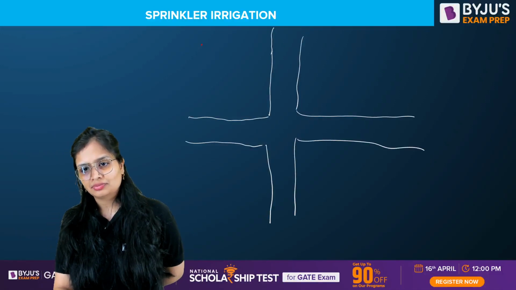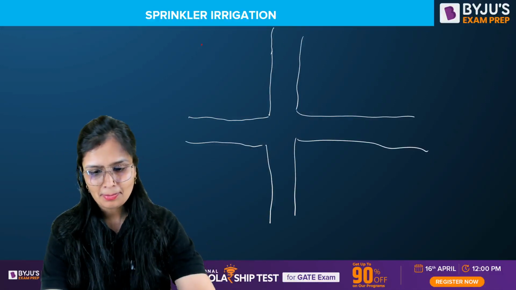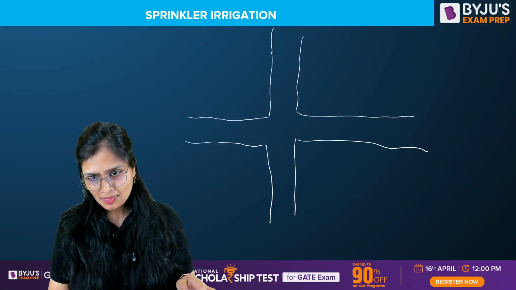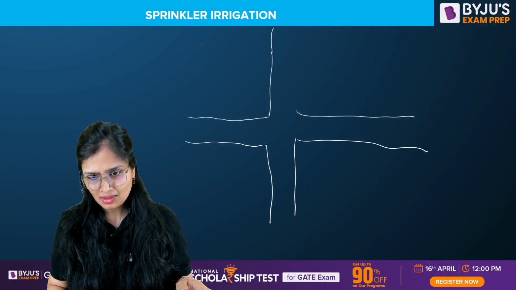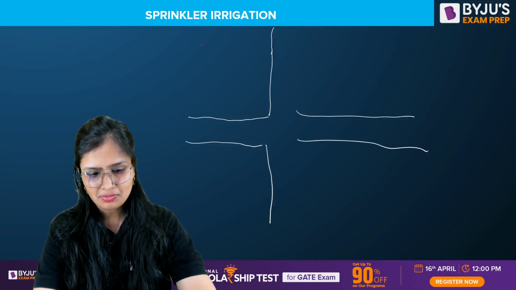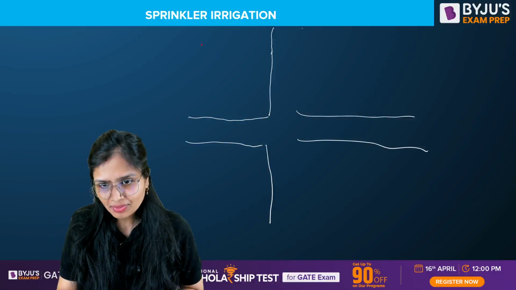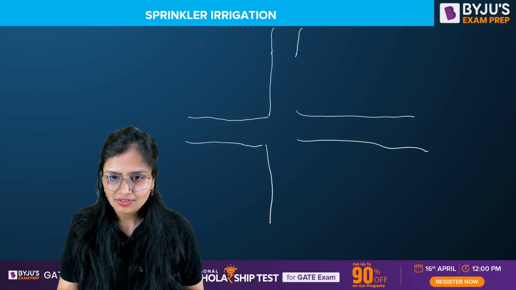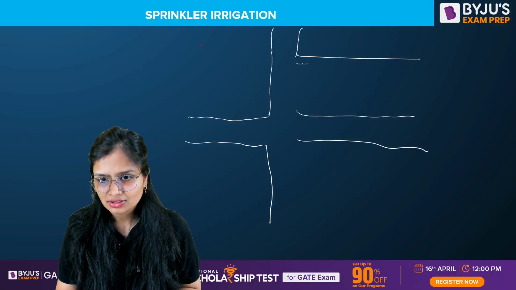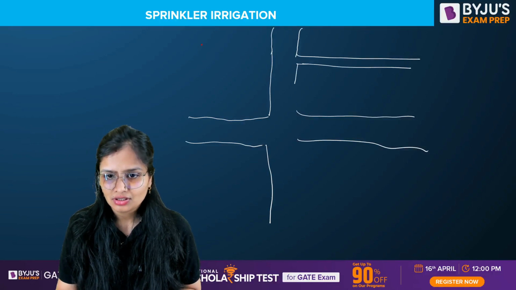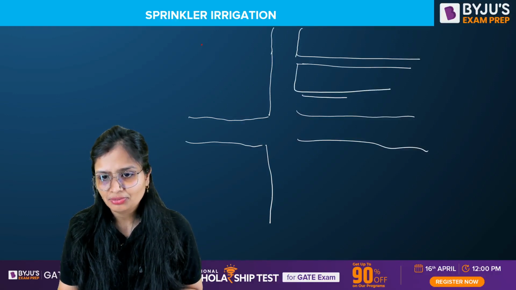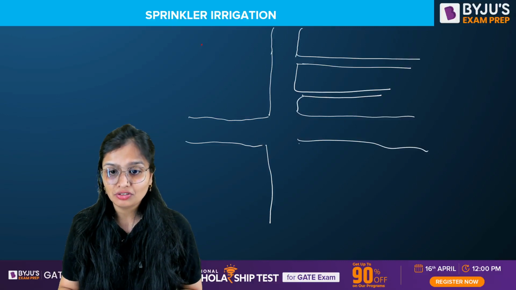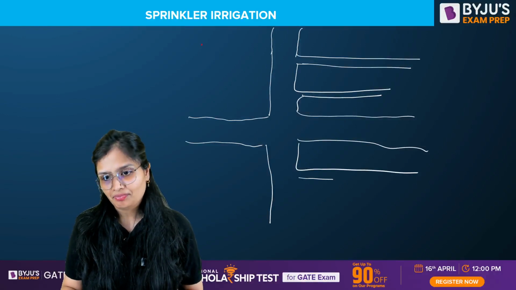Completely straight. Okay, so here we have n number of pipes, and all this has to be laid on the field. That's why the drawback came.